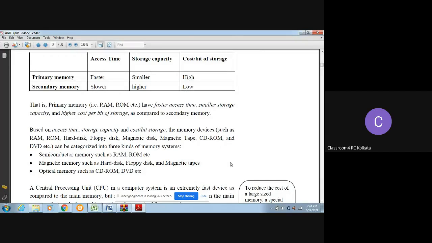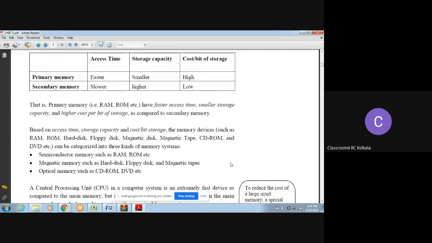So RAM basically is a semiconductor memory, and it mainly stores the data whatever we have to feed into the computer. The processor fetches the data from the RAM, and after processing, the result is again stored into your RAM.